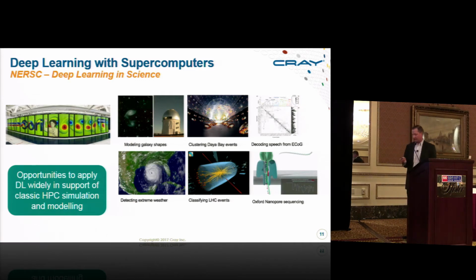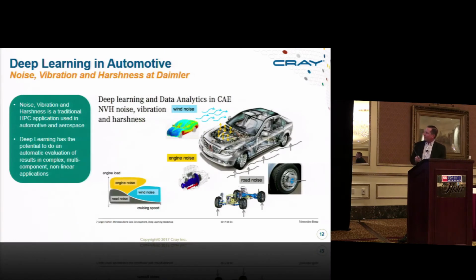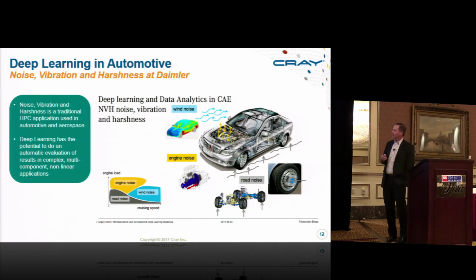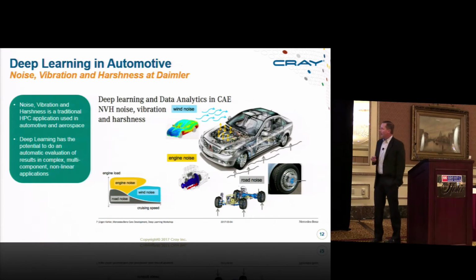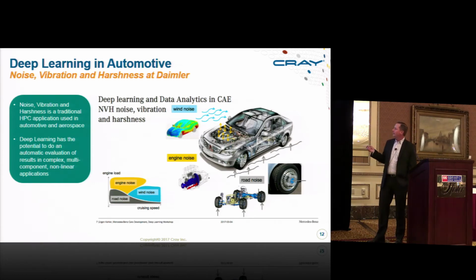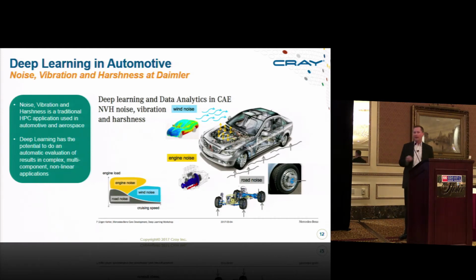those methods and techniques. So we did a deep learning workshop at HLRS earlier in the year, and Daimler presented their view on how they thought deep learning could add value to their business and specifically to their design process. Really, what they saw was that it has the potential to do an automatic evaluation of results in complex, multi-component, non-linear applications.